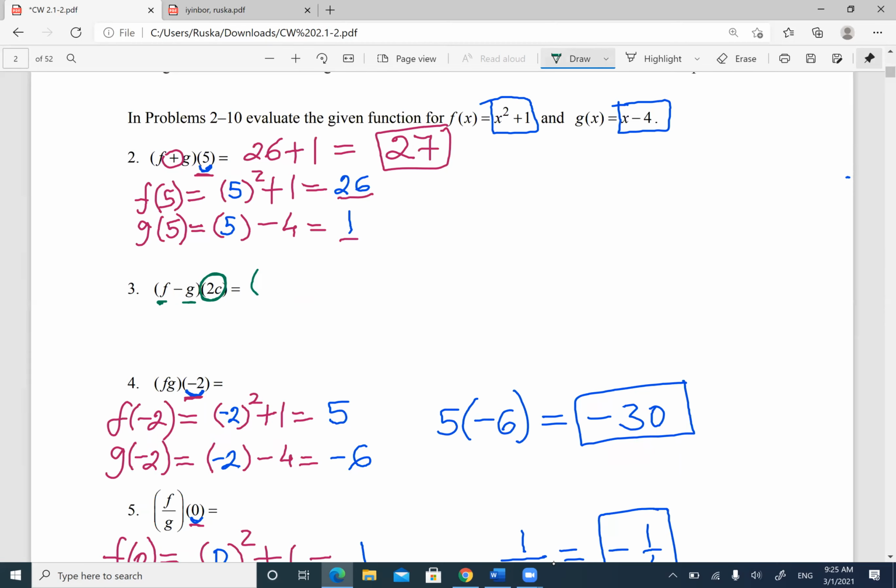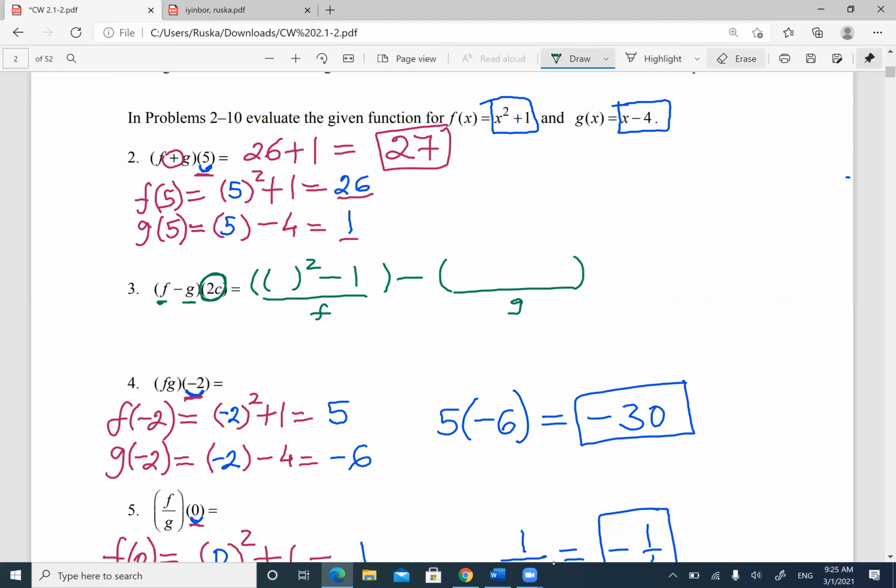So that's why you're just going to follow f. I'm going to put f in parentheses, minus g in parentheses, and then I'm going to plug in 2c for x. So this is f, minus this is going to be g. Okay, so what is f? F is x squared plus 1, so it's going to be x squared plus 1.